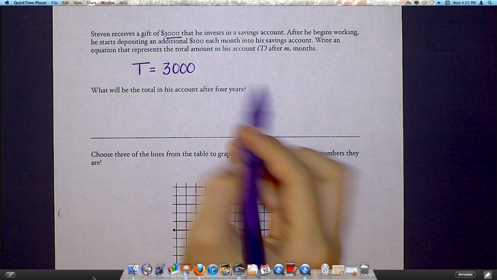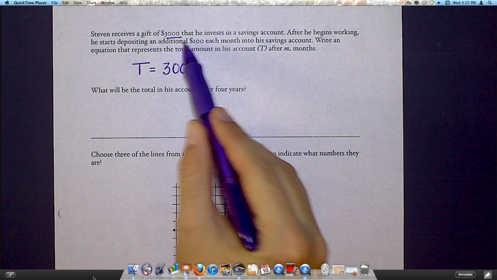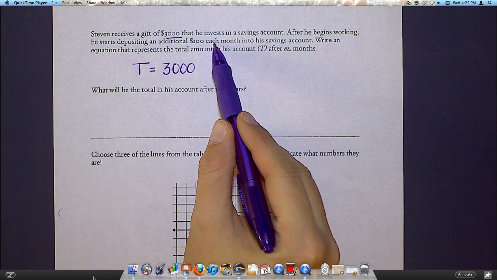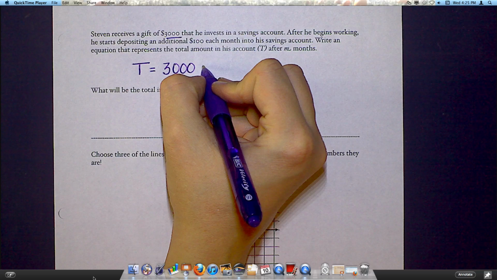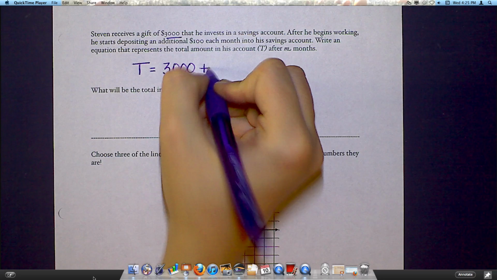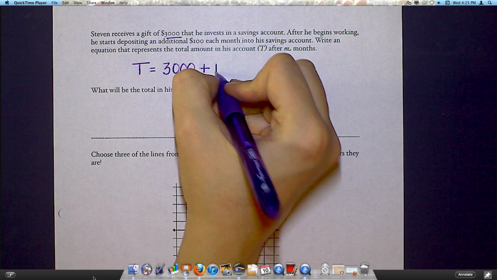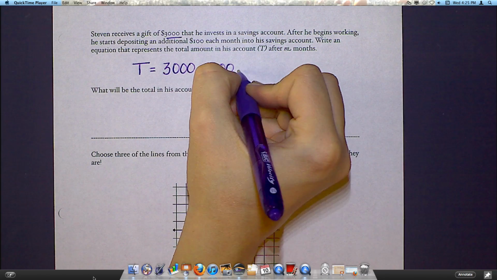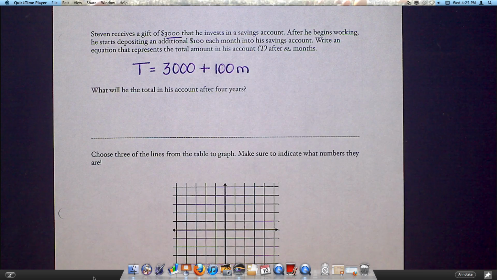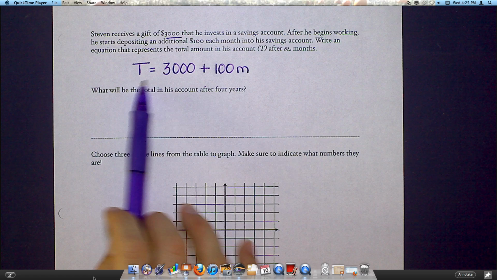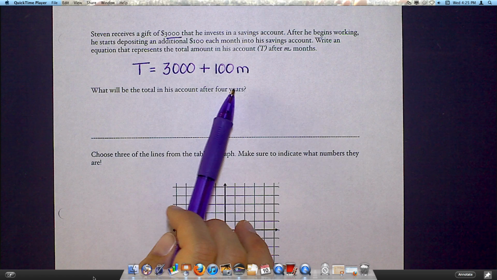And then it says that he deposits an additional $100 each month. So think about how you would show an additional $100 per month. That's your equation, that your total amount in the account is $3,000 plus $100 per month.